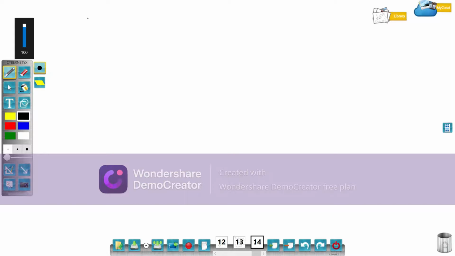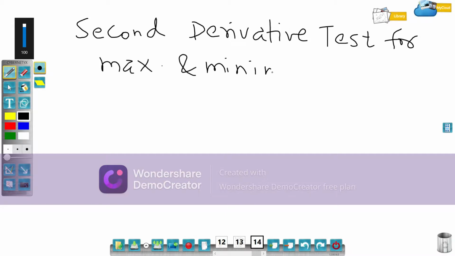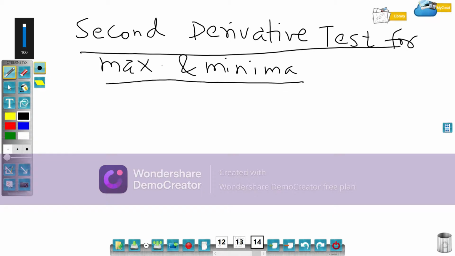Second derivative test for maxima and minima. Before that, let me define the determinant of the Hessian matrix.